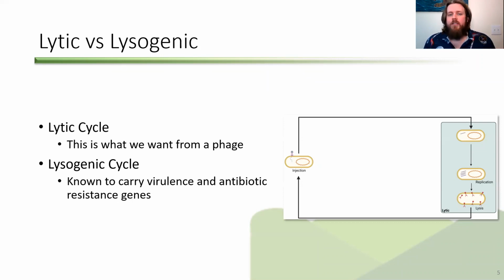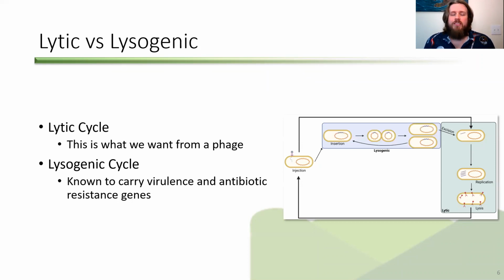This is a virulent phage. The other possible life cycle is the lysogenic cycle. This is when the bacteriophage injects its DNA or RNA into a bacteria, and instead of immediately killing that bacteria and making more of itself, it kind of hides out and becomes part of the bacteria as a mobile element.